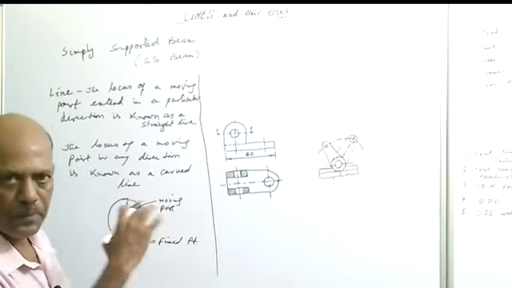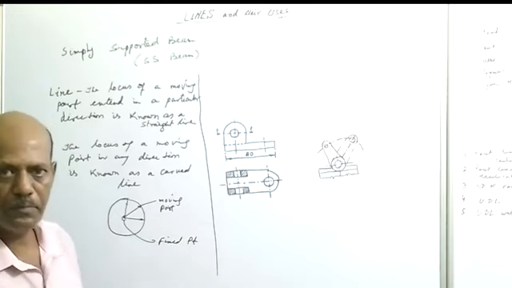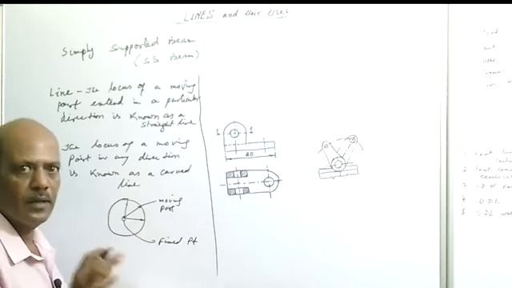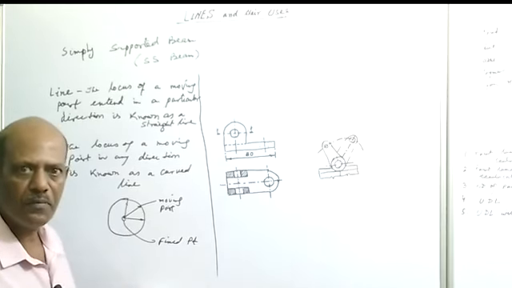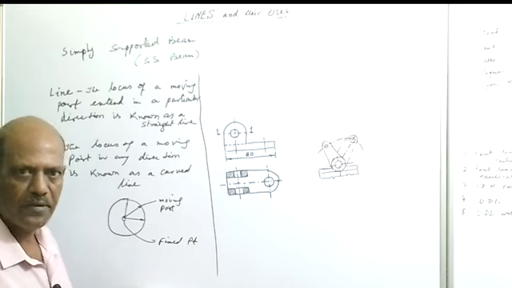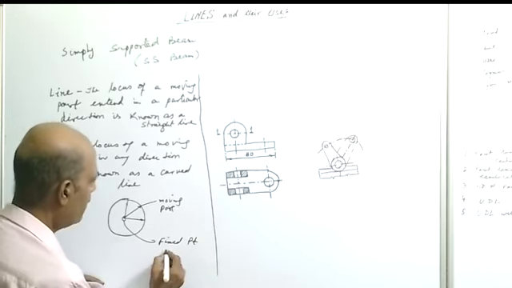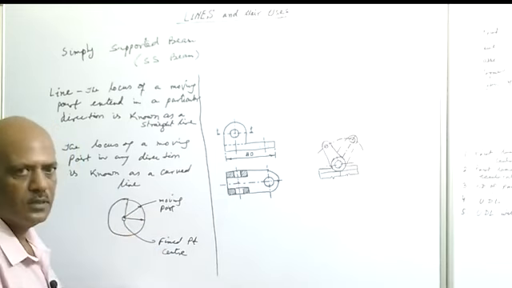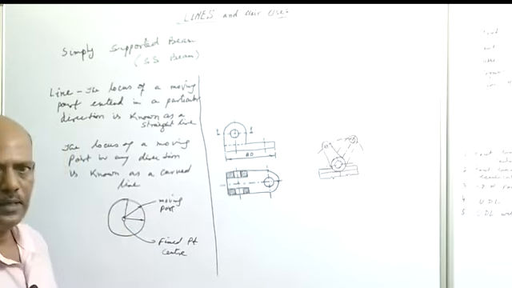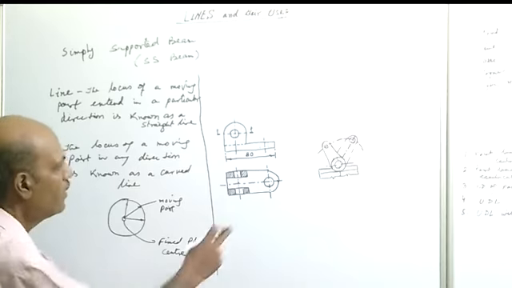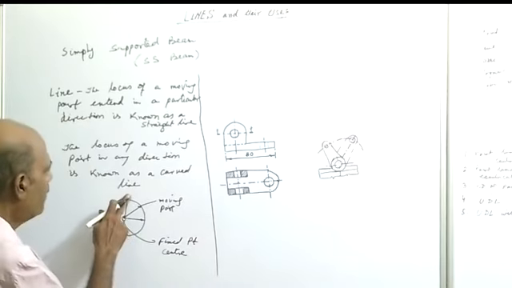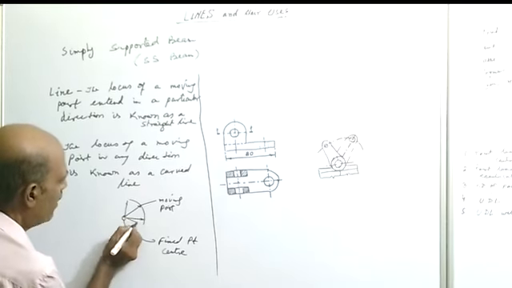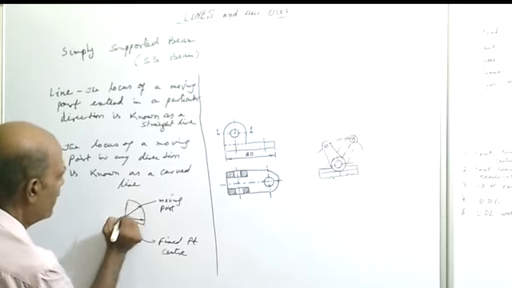This fixed point is called the center of the circle, and this locus is known as a circle. Arcs are parts of the circle. Say this is an arc of a circle. A part of a circle is called an arc.